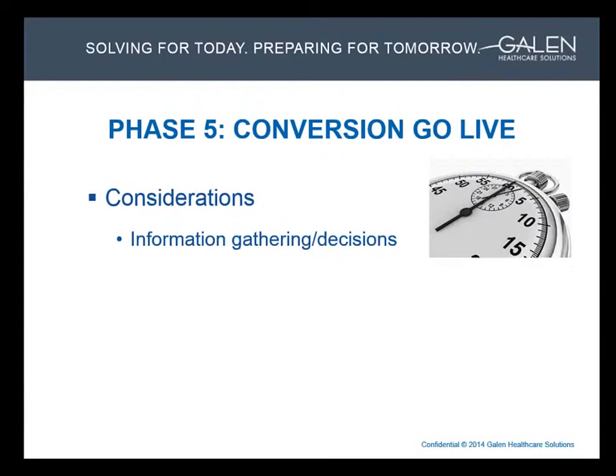Some things to consider while planning for go-live include information gathering and tracking any decisions that are made by the conversion team leading up to the conversion. So some of these particulars would have been framed up in the statement of work, or SOW, and reviewed as part of the kickoff call for the project. An example of this would be if the SOW stated that only verified results will be converted and that they would be the only results considered in scope.